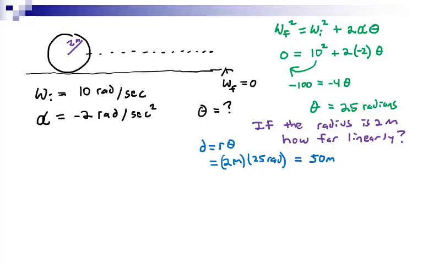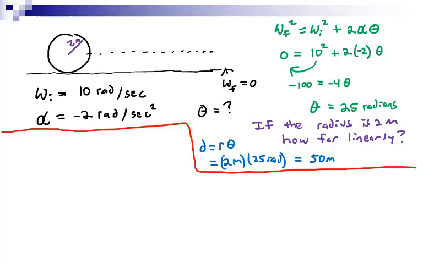All right, so you remember we take the radius times the number of radians, the angular displacement. And so this will go 50 meters. Now, if we want to relate this to what's going on linearly, it turns out that if we take the radius times the angular acceleration, we get linear acceleration, just like we did with the distance equals r times theta, and v equals r times omega.